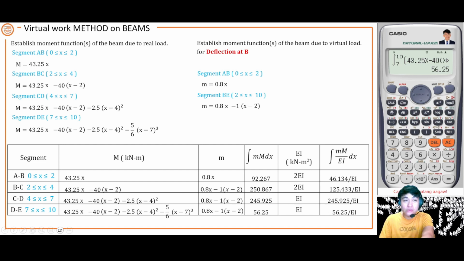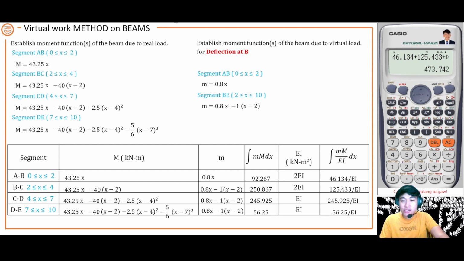By adding those values, we have 46.134 plus 125.433 plus 245.925 plus 56.25.